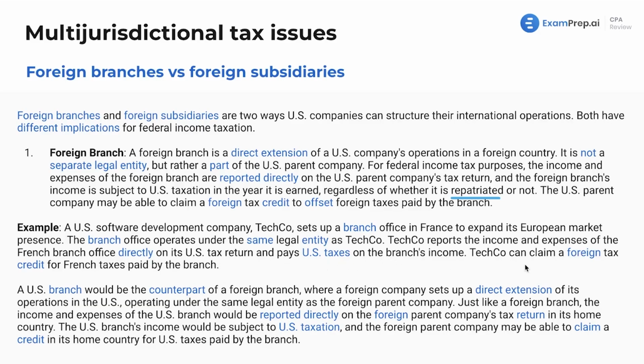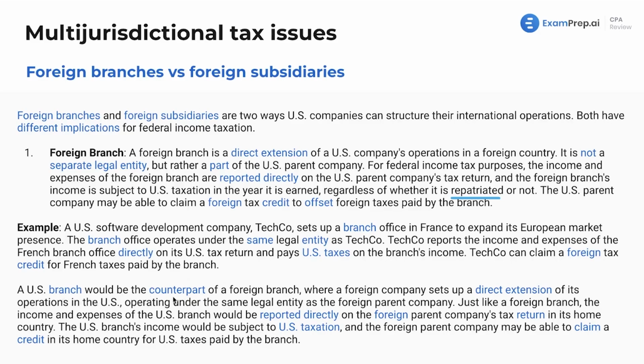As such, TechCo can claim a foreign tax credit for the French taxes paid by the branch. The last thing we want to do is have double taxation on something like this. Now, double taxation does exist on corporations. One, it's on the profits, and then it's on the distributions through dividends. But this would technically be triple taxation if you were paying French taxes, U.S. taxes, and then taxes on distributions of the profits.